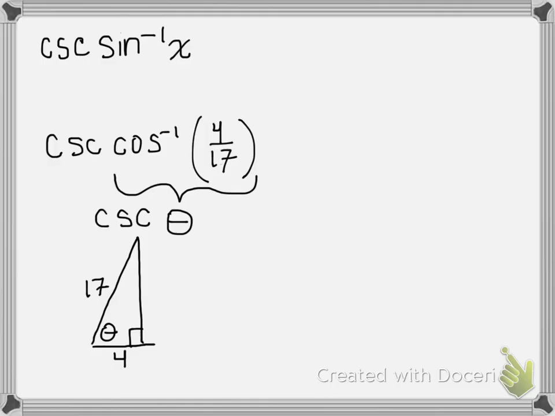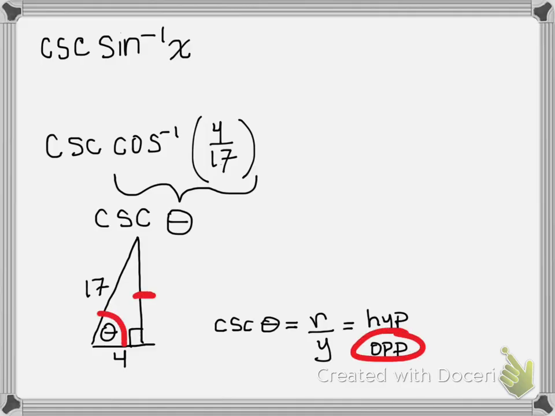And then to find cosecant, we have to remember that cosecant of an angle theta is equal to r over y. Or in a right triangle, that would be the hypotenuse over the opposite side. So when I look at this angle theta and the opposite side, which is what I need, I don't have it, but we can get that easily enough, right?